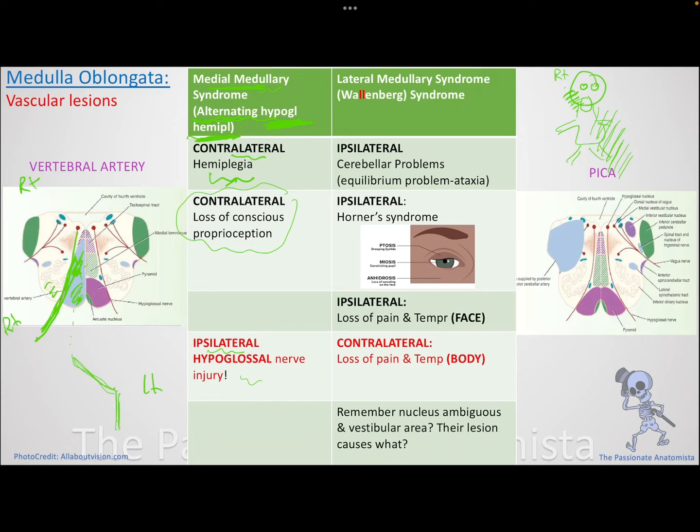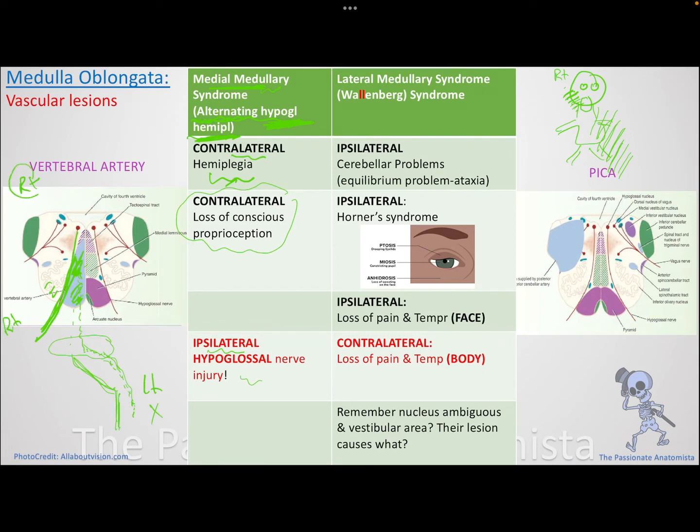And of course it's going to be contralateral, because at that level the sensation was coming from your left body and it crossed already at the lower level and ascended at that level. Remember, this is the fasciculus gracilis and cuneatus with proprioceptive sensation, and they crossed at the sensory decussation level. Okay, so they already crossed, so sensation from here is lost.